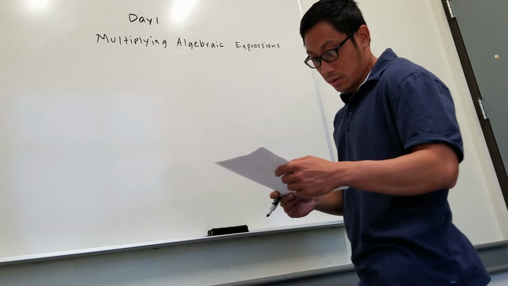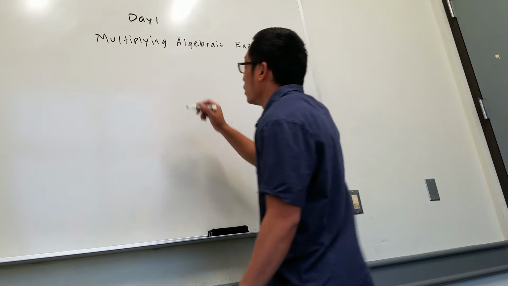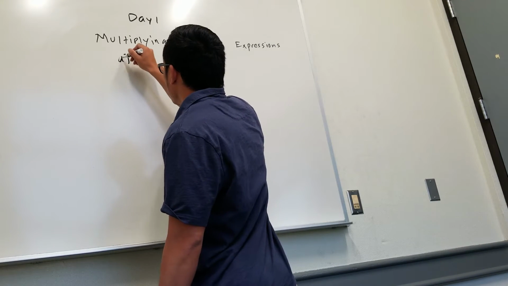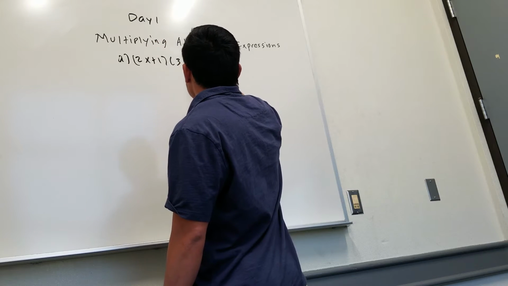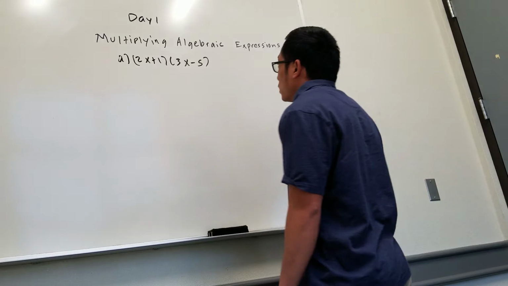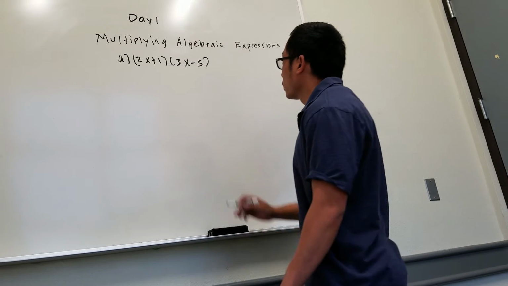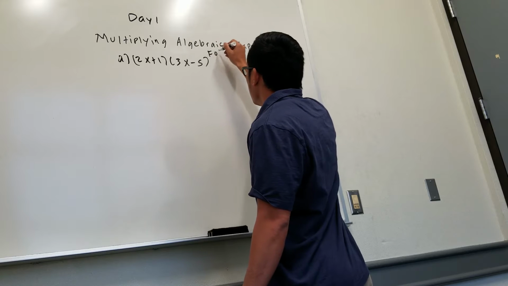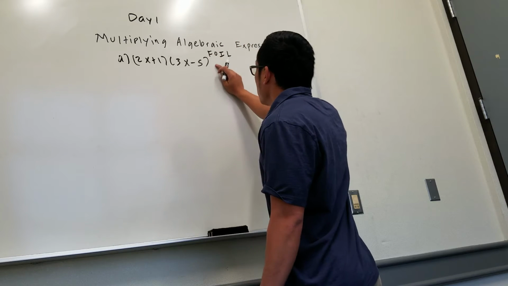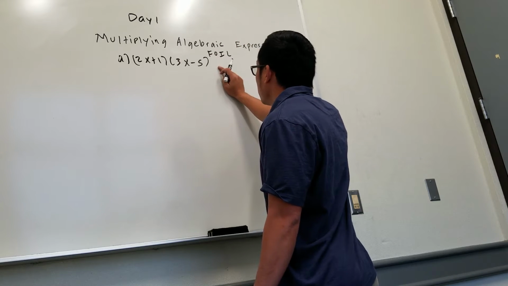Let's do it. We have 2x plus 1 times 3x minus 5. What we've got to do when we multiply the expressions is use this term called FOIL. What is FOIL? Basically, it means how to multiply the expressions.